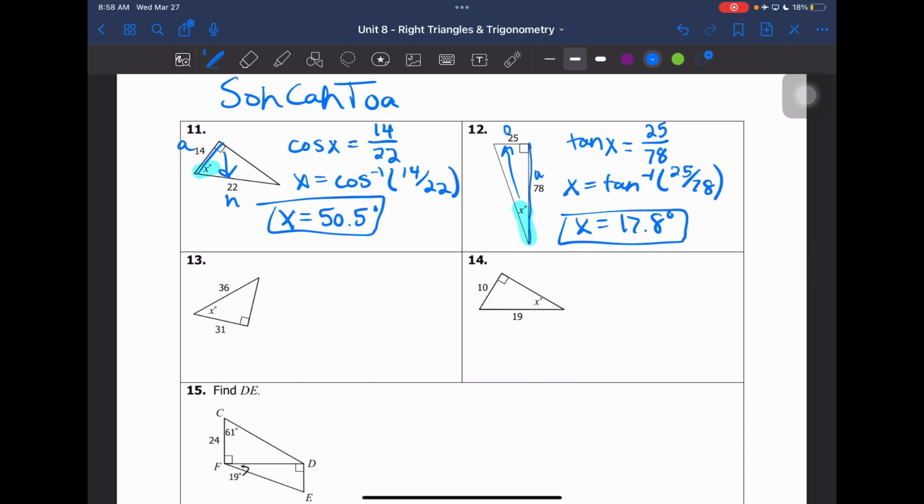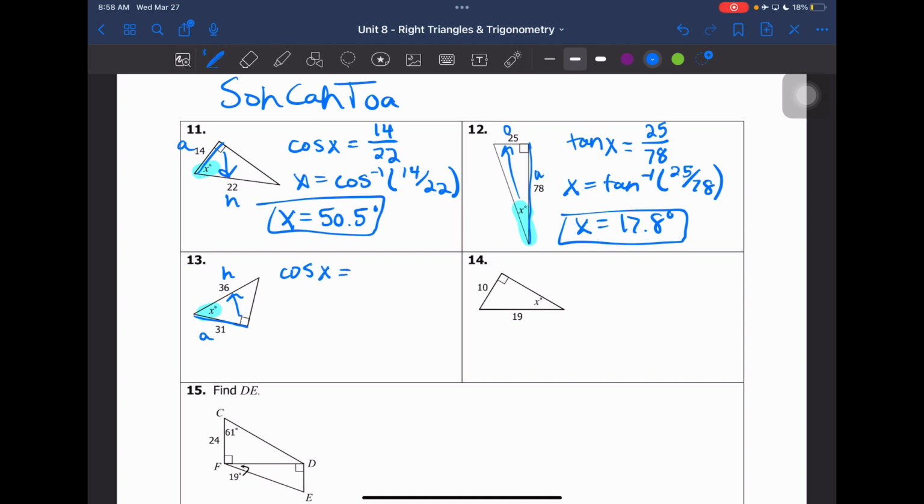Number 13 is another missing angle one. So let's try and figure out which trig function we're going to use. This looks like a leg to me, so this is the adjacent leg because it's right next to our angle. And then the 36 is across from my right angle, which makes it the hypotenuse. So because I have adjacent and hypotenuse, I'm going to use cosine.